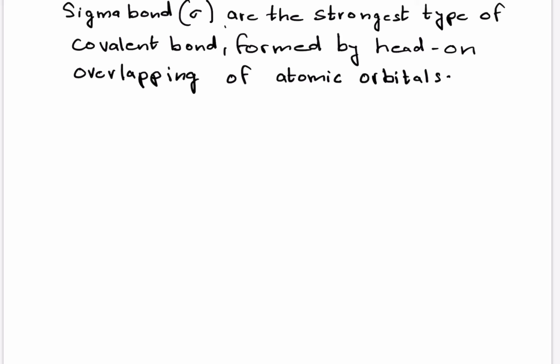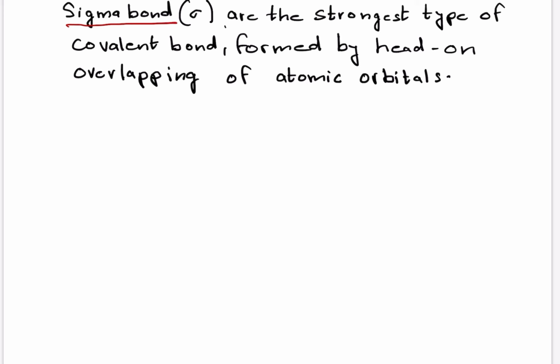Let's underline it with a red color. So sigma bonds are the strongest type of covalent bond formed by the head-on overlapping of atomic orbitals.